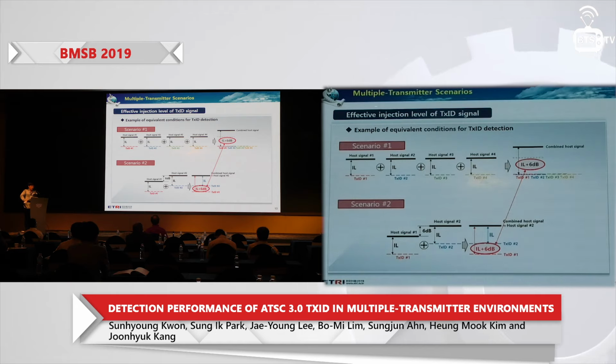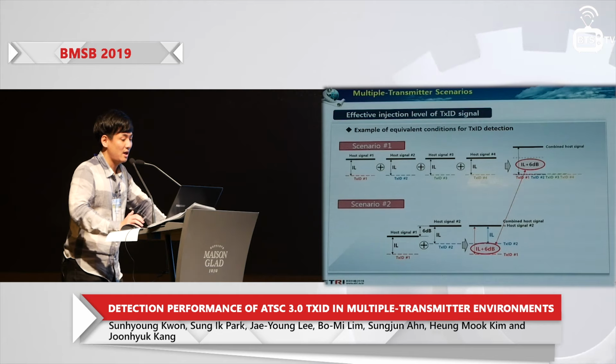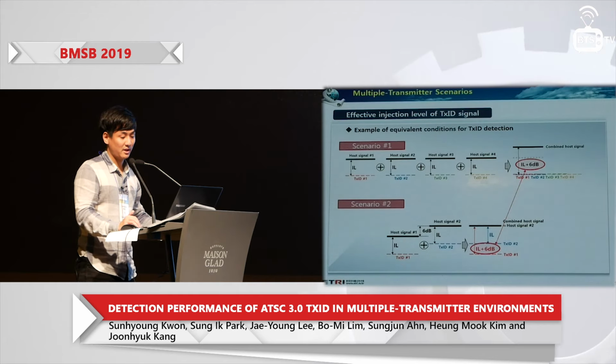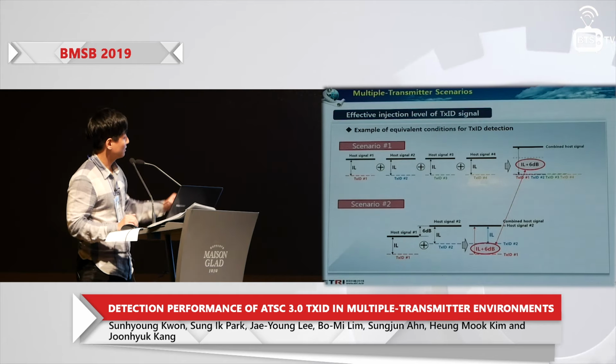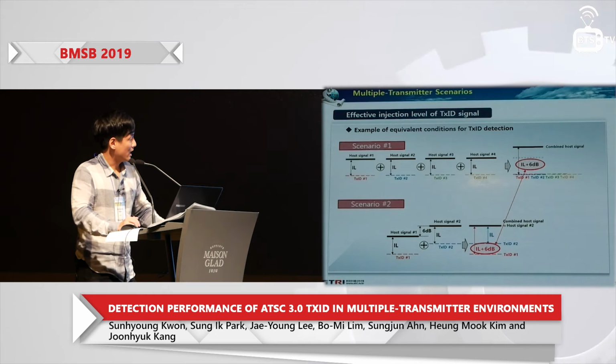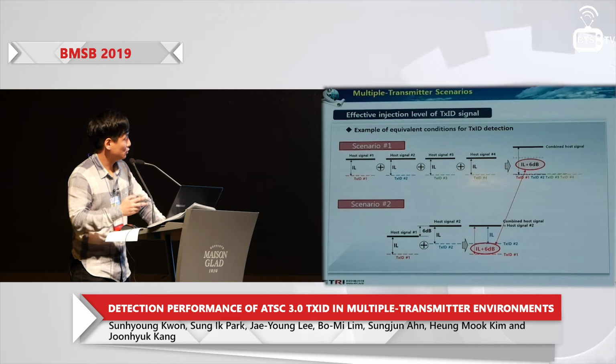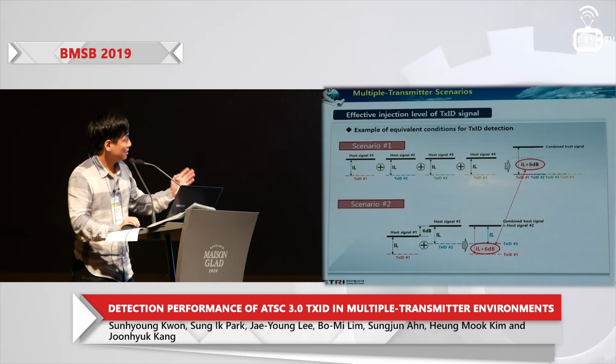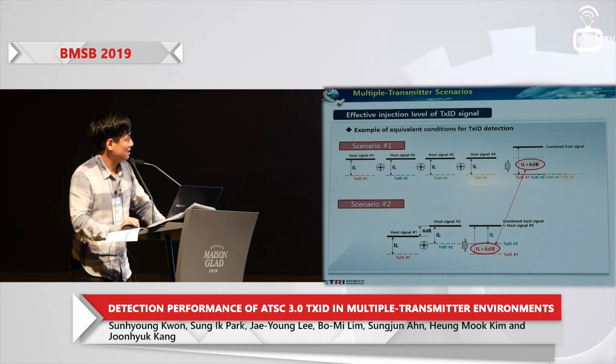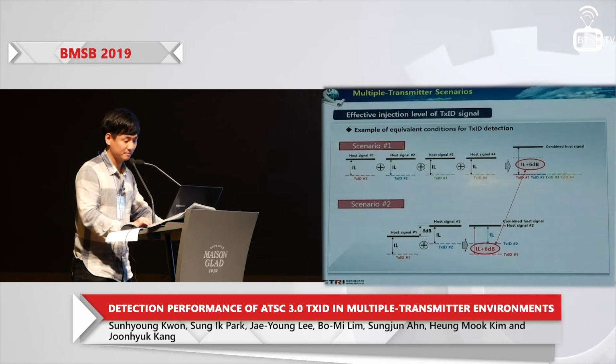So from the viewpoint of the weak signal, which is TxID number 1, it is almost the same situation as for the transmitter case in the first scenario. So I would like to say that even if we have just 2 transmitters in an SFN, it could be somewhat more serious than you expect.